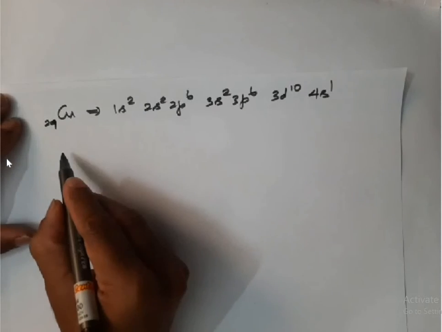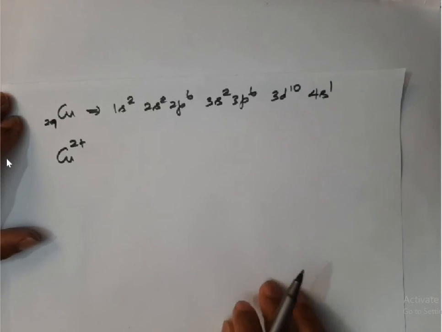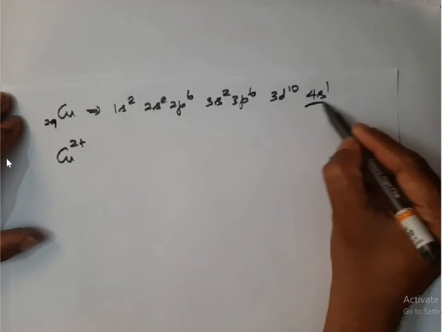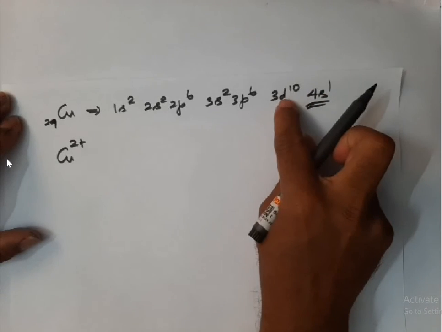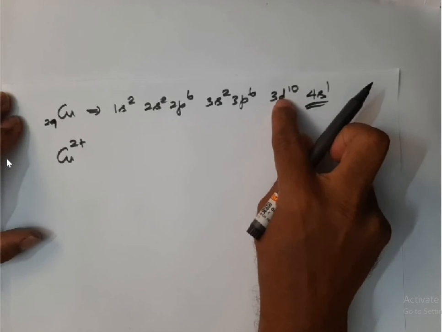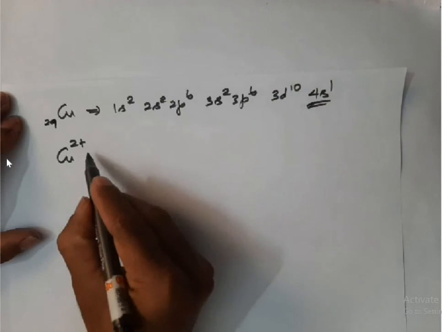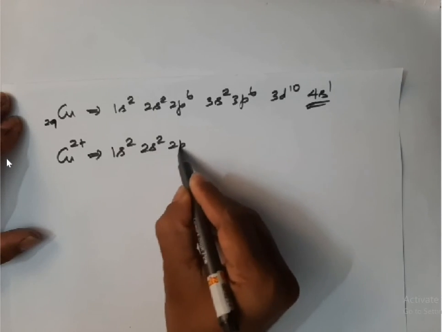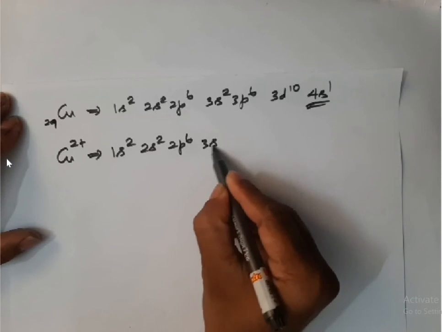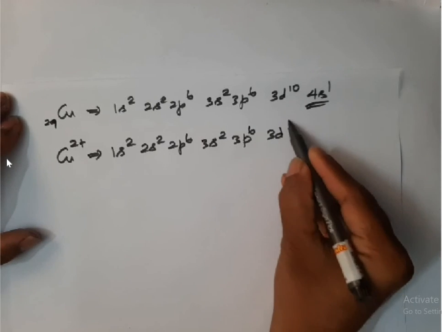Now what I am going to do: Cu2 plus means you should remove 2 electrons. Remove 1 electron from the 4s orbital, which has only 1 electron, and remove 1 electron from 3d10. I have 10 electrons here, remove 1 from this. So what we'll get is 1s2, 2s2, 2p6, 3s2, 3p6 and 3d9.